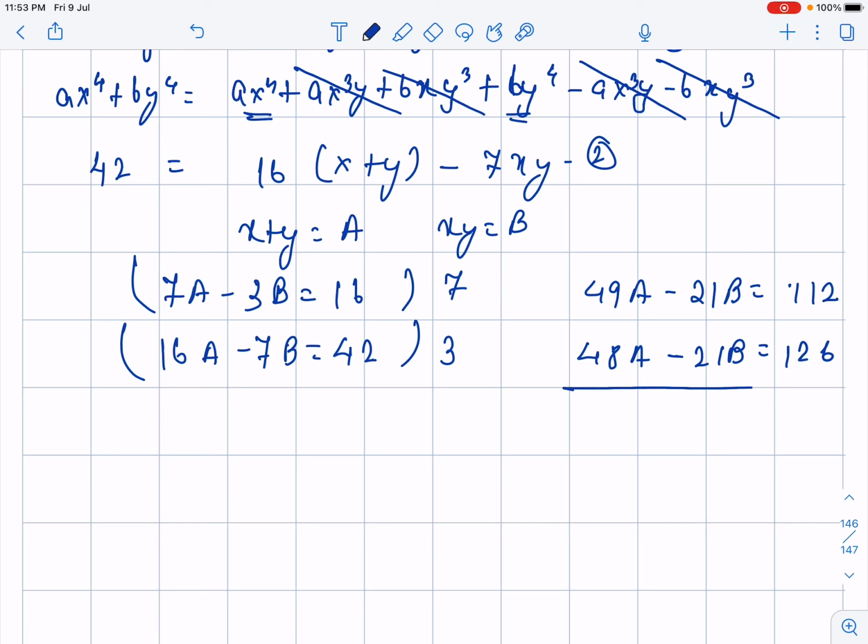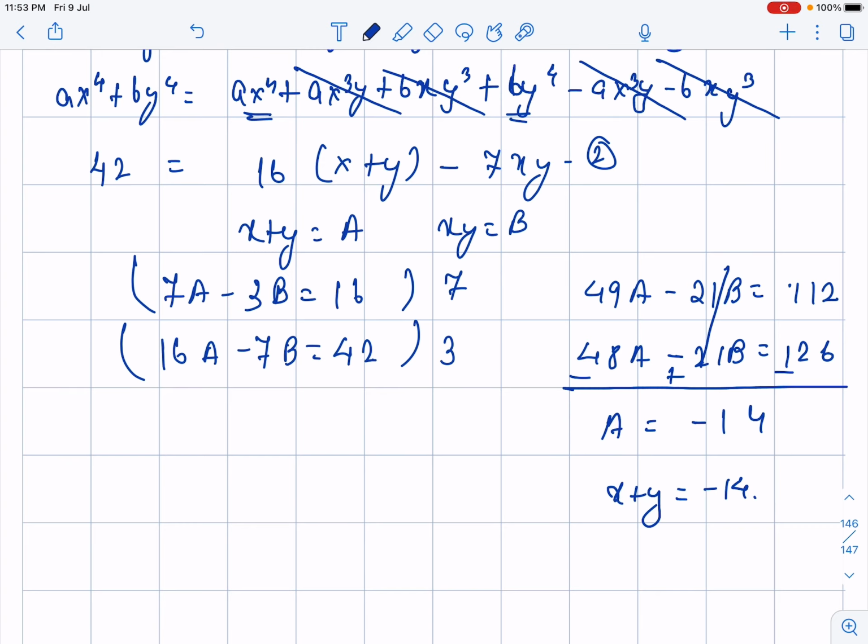Now subtracting these two equations, this will get cancelled. A will become minus 14 as the value of A over here. That means x plus y is equal to minus 14.